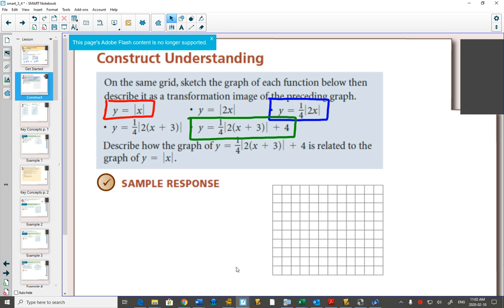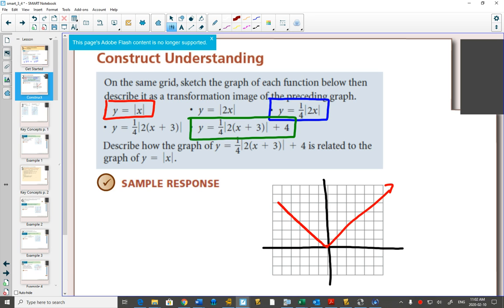Okay, so first of all, the red graph. I'm going to draw some axes on here. There's your absolute value of x graph.